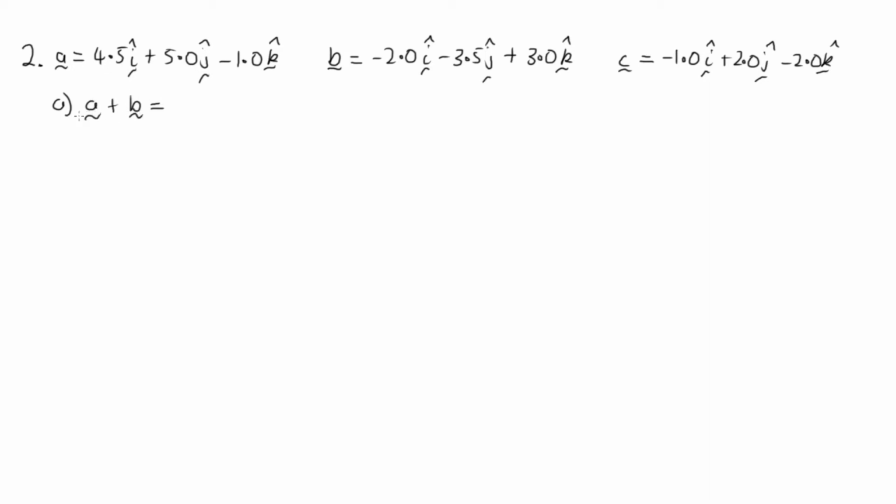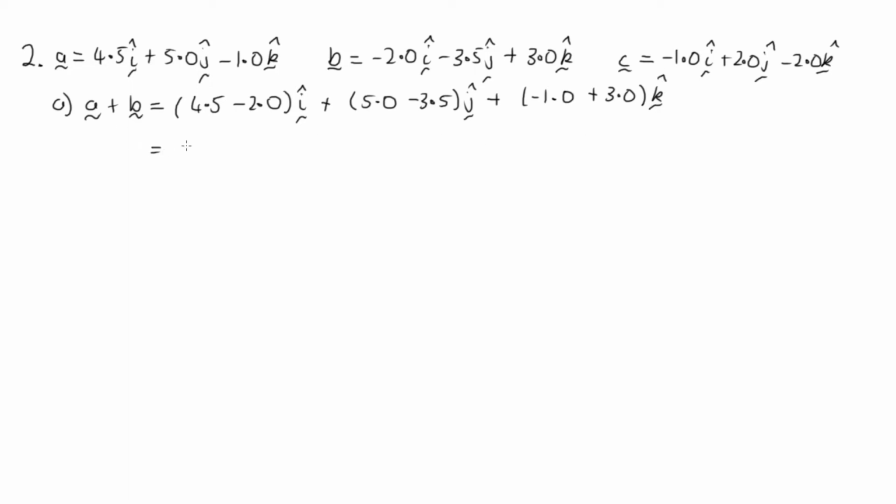So it's easiest just to add these component by component. So we will do, in the i direction, we've got 4.5 minus 2.0. Then in the j direction, we've got 5.0 minus 3.5. And then in the k direction, we've got minus 1.0 plus 3.0 k.